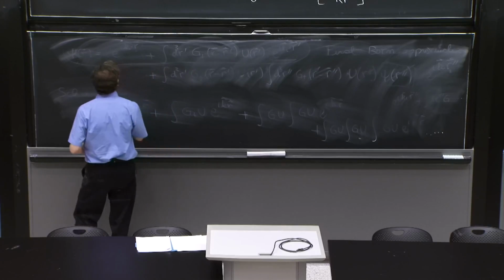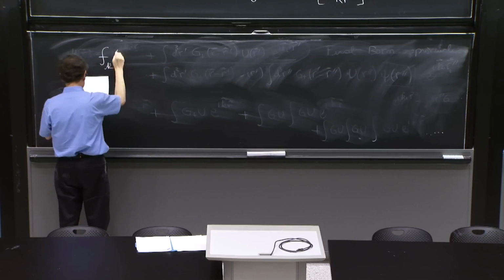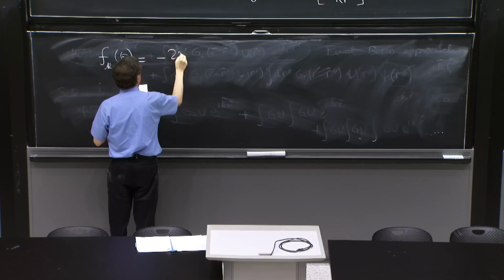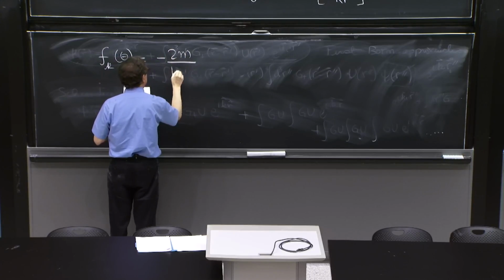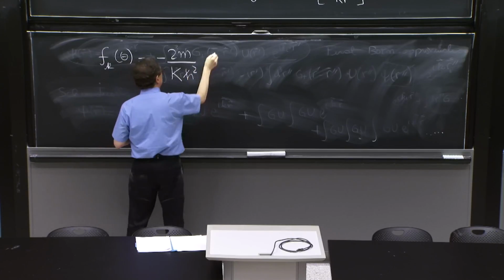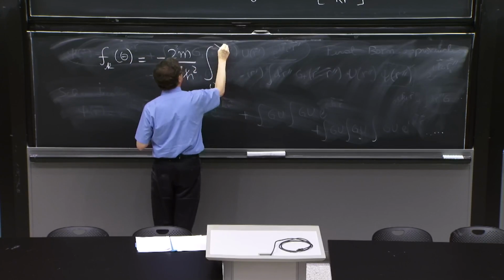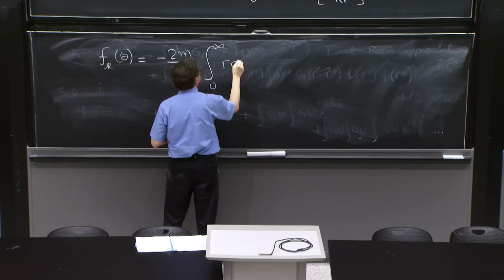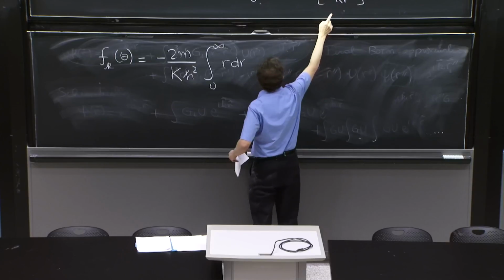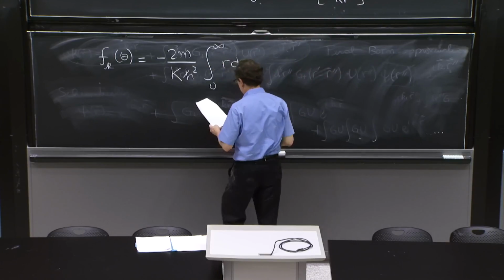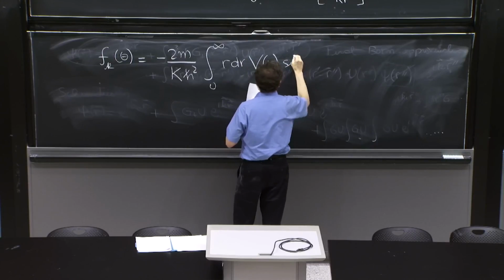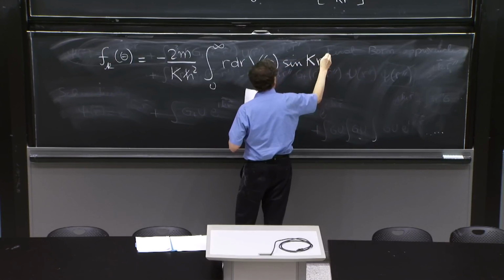And what do we have for f_k of theta? We have minus 2m over k, that k, h squared, integral from 0 to infinity of r dr. One r got canceled. The k went out. r dr, v of r, sine of Kr.